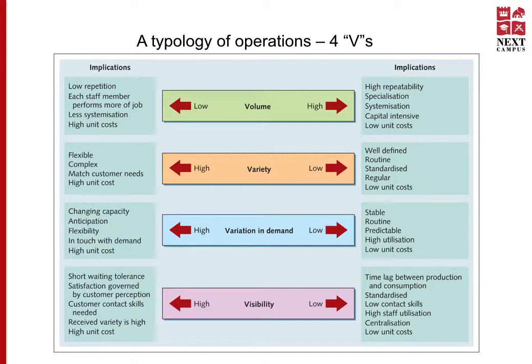Likewise, if the volume of a product is low, it will have low repetition. Each staff member will perform more of a job, less systemization, but high unit cost. If the variety is high, the tasks will be flexible, complex, need to match customer needs, and it will have high unit cost.